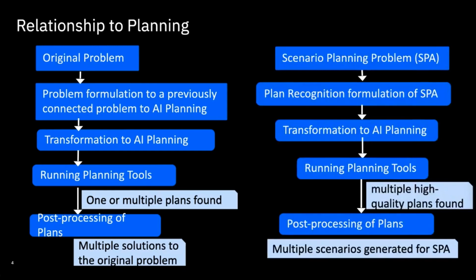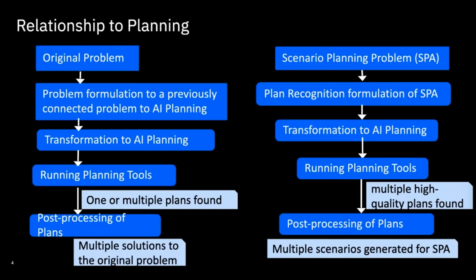So, for example, in the case of scenario planning, an SPA, you need to first define the scenario planning problem. Then you make a correspondence between scenario planning problem and the plan recognition problem. That is, we link the relationship between the different forces such as technology, currency, social order, corruption, and natural disaster to AI planning task.